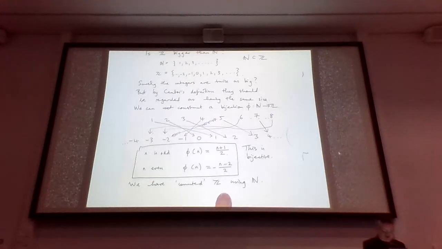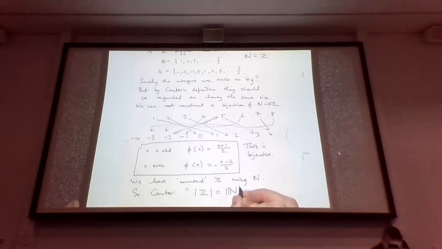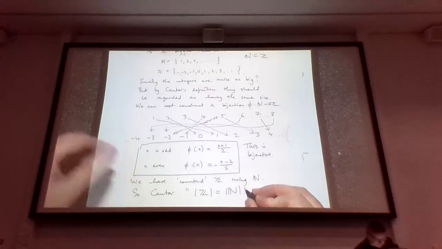We've counted the integers using the natural numbers. So Cantor says that the size of the integers equals the size of the natural numbers. They have the same cardinality.